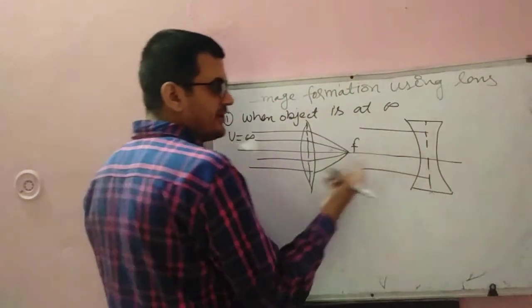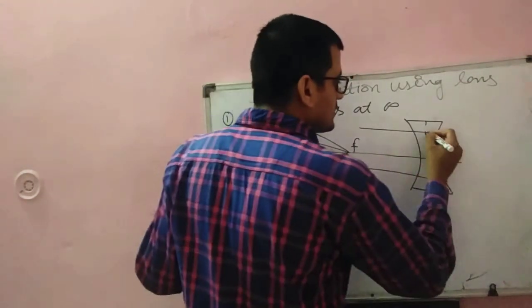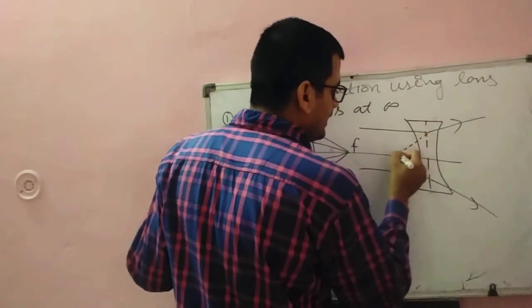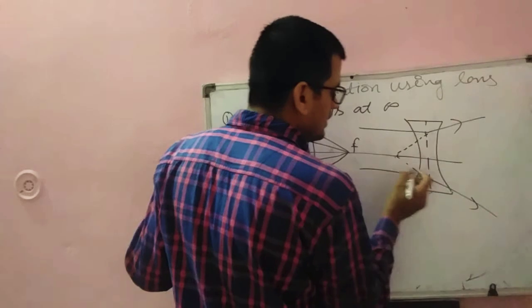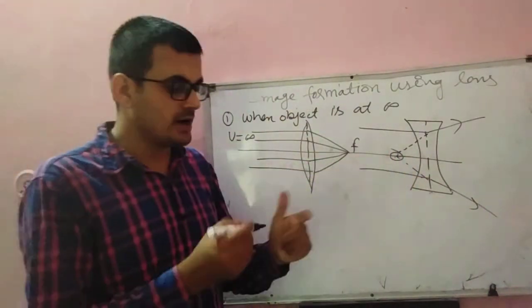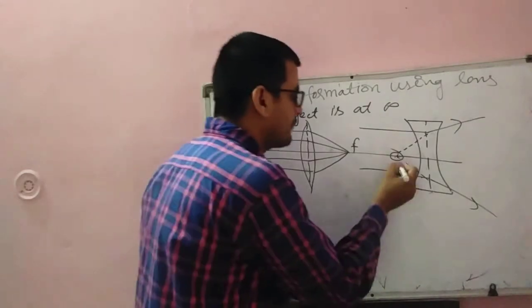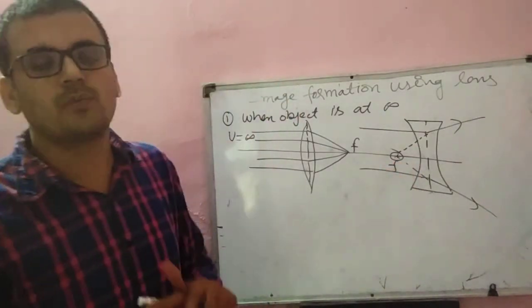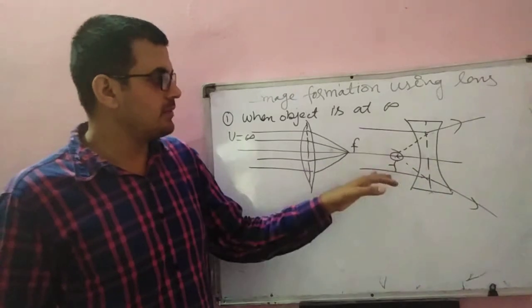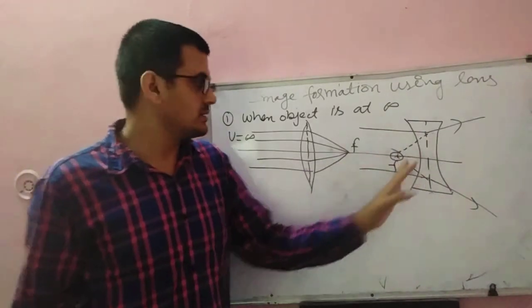Object is placed at infinity, rays come parallel, so it will diverge like this. So again it's virtual image. Here image will form as virtual. Virtual image is formed at the focus, and that will be a very small point size image, and again it will be inverted. Okay, this one.